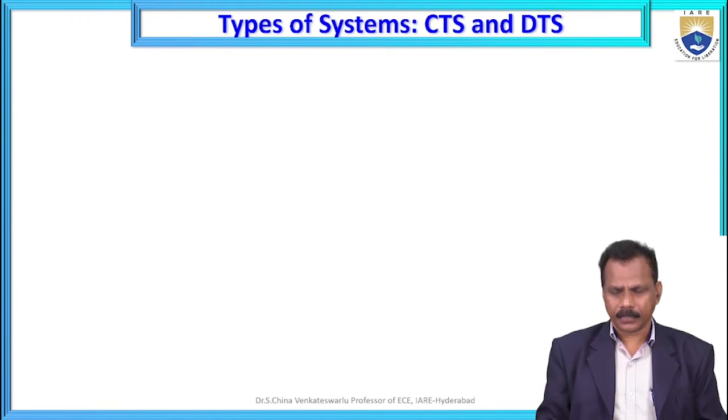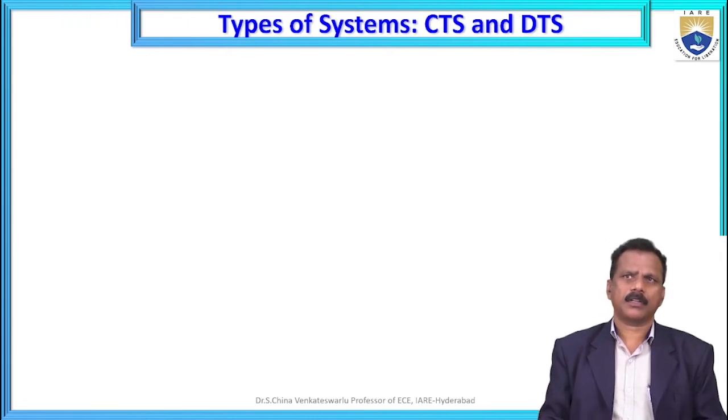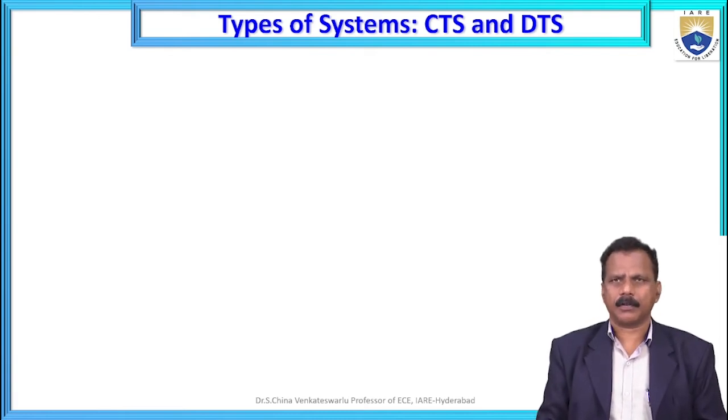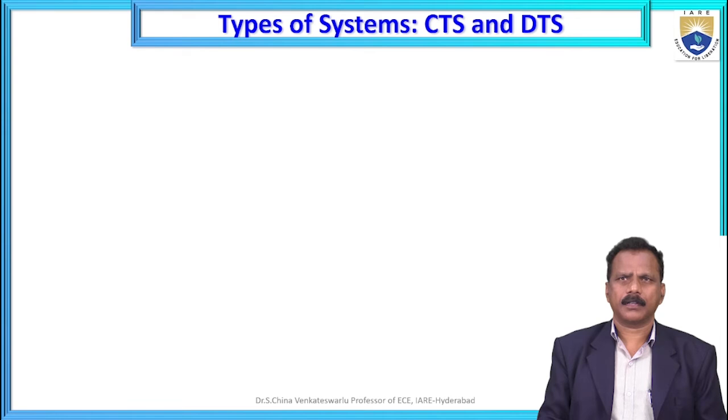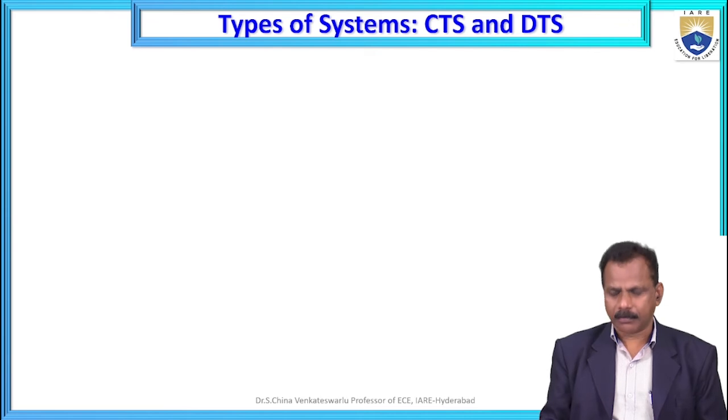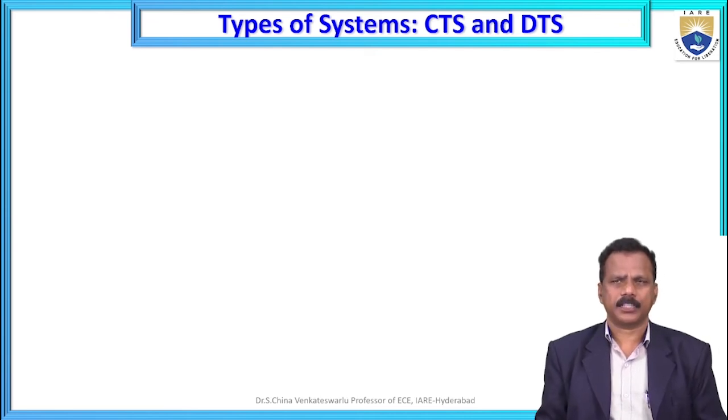Next, apart from this, there are causal, non-causal, stable, unstable, linear and non-linear systems. We have to classify continuous time systems and discrete time systems. Based on this, the types of systems involve CTS and DTS.